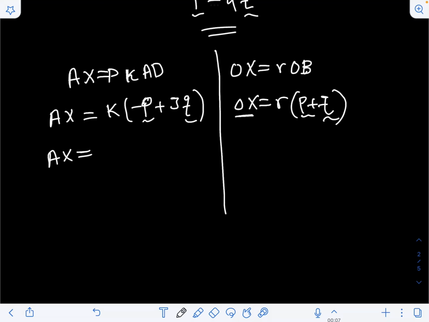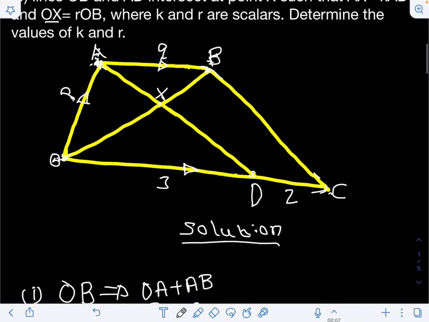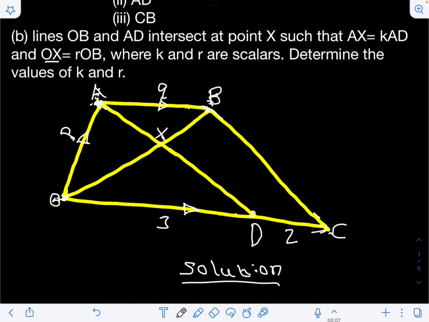So let us convert this to AX by passing through OX. AX is equal to AO plus OX.